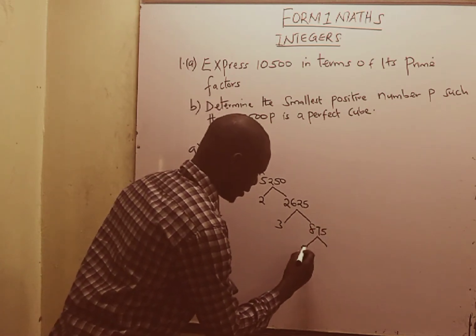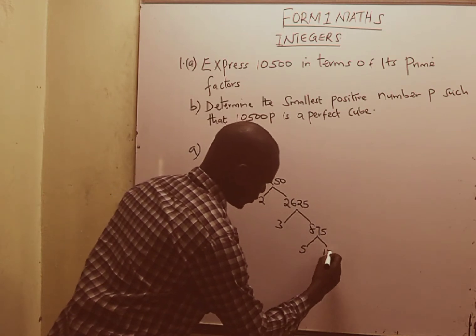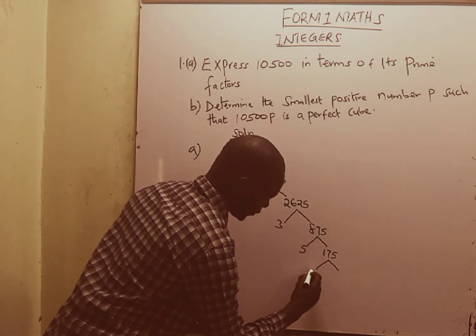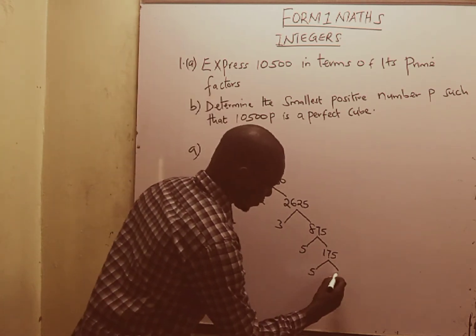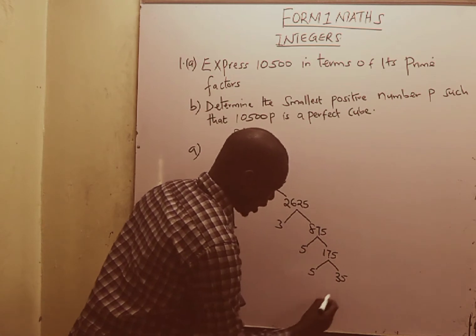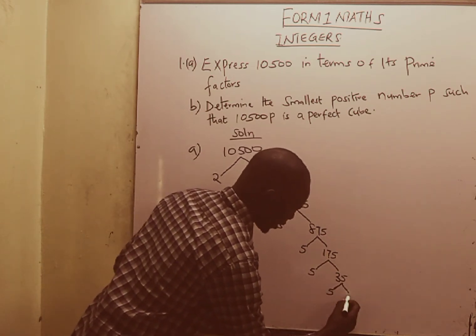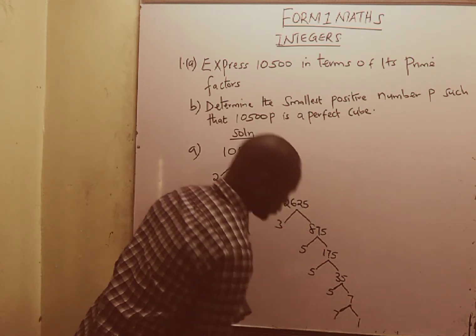So we take 5, and 5 divides 875, 175 times. Then again we can take 5. 5 divides 175, 35 times. Again we can take 5. 5 goes into 35 7 times. And lastly 7 goes into itself once.